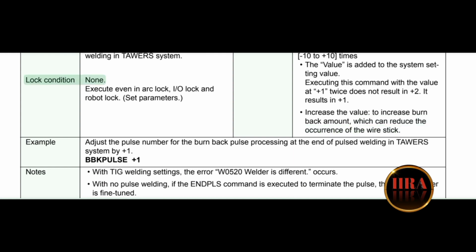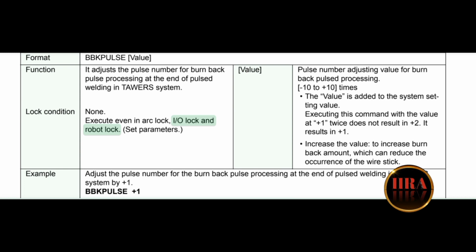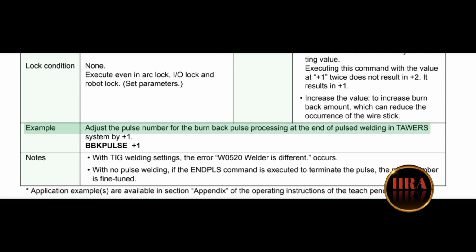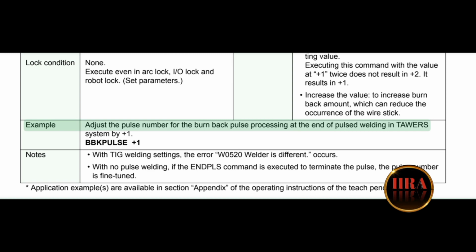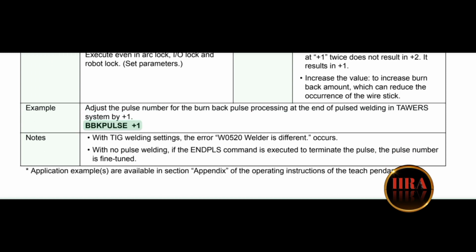stick. Lock condition: none. Execute even in arc lock, IO lock and robot lock. Set parameters. Example: adjust the pulse number for the burn back pulse processing at the end of pulsed welding in TAWERS system by +1. BBKPULSE +1.